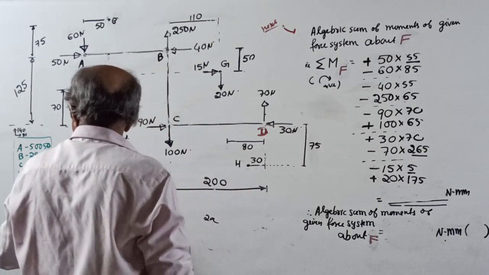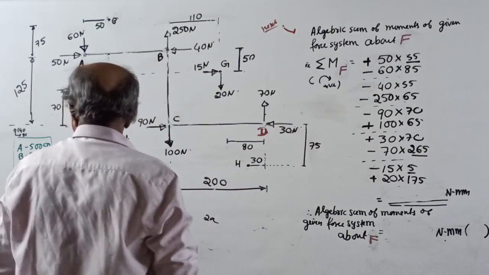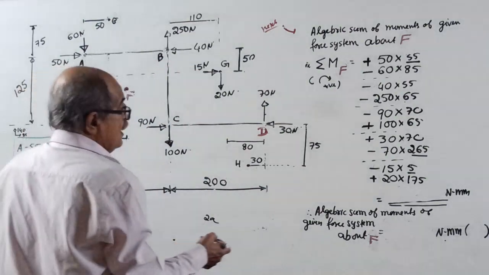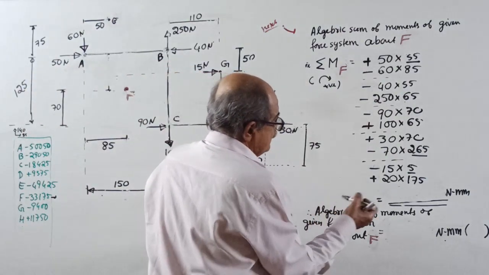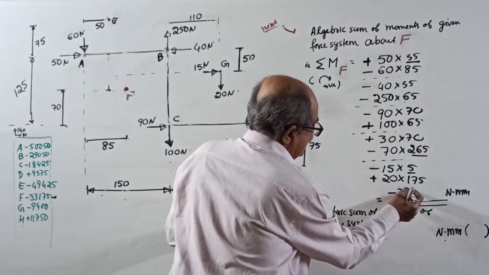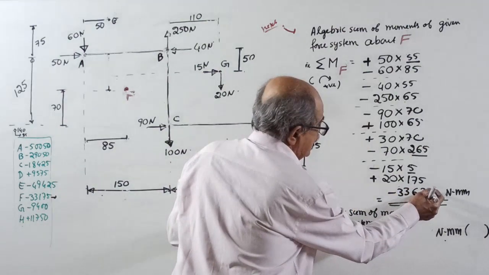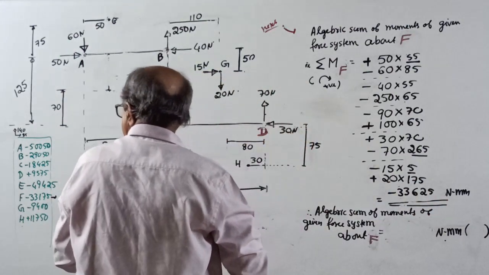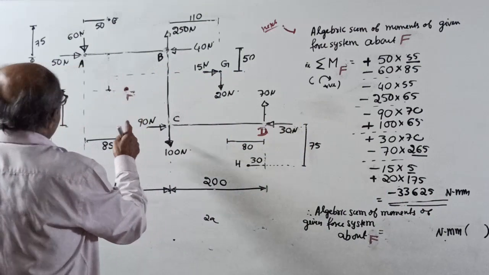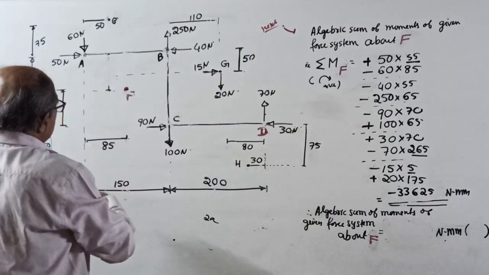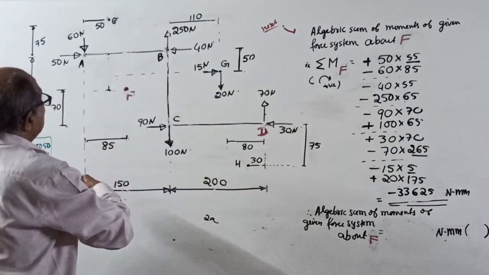It is coming 33625, but for the F point I wrote 33175. I think the reason may be the distance.